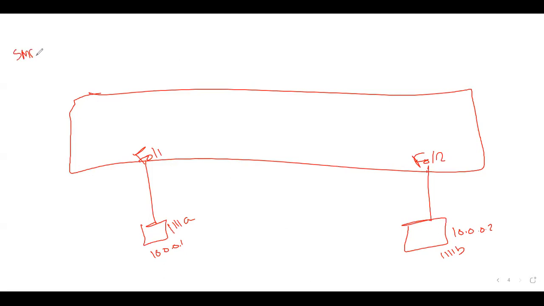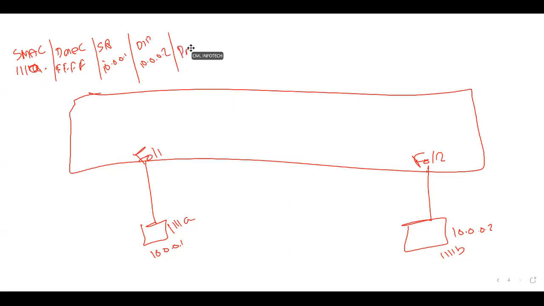Source MAC, what do you know? 111A, the last 4 digits. Destination MAC, you don't know, so that is FFFF. Source IP, 10.0.0.1, you know the source IP. Destination IP, 10.0.0.2. Then port. Then data.